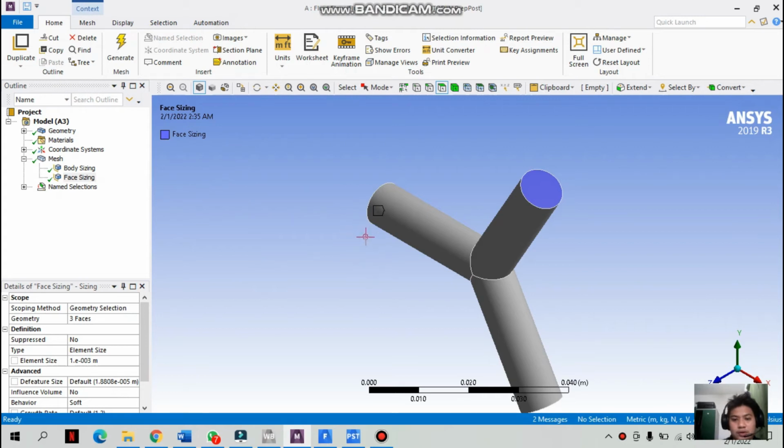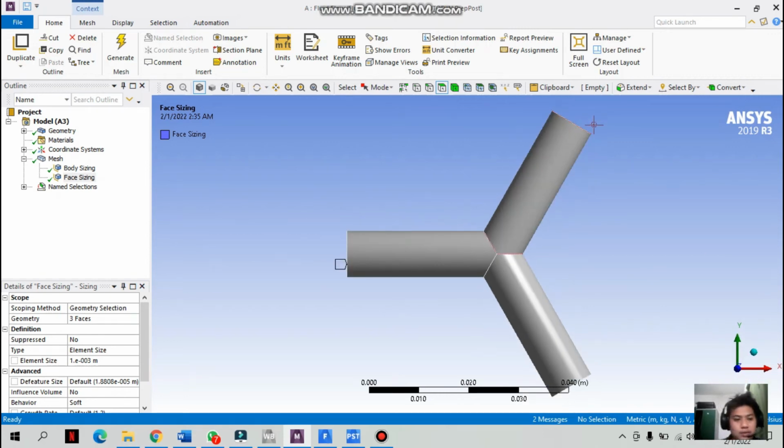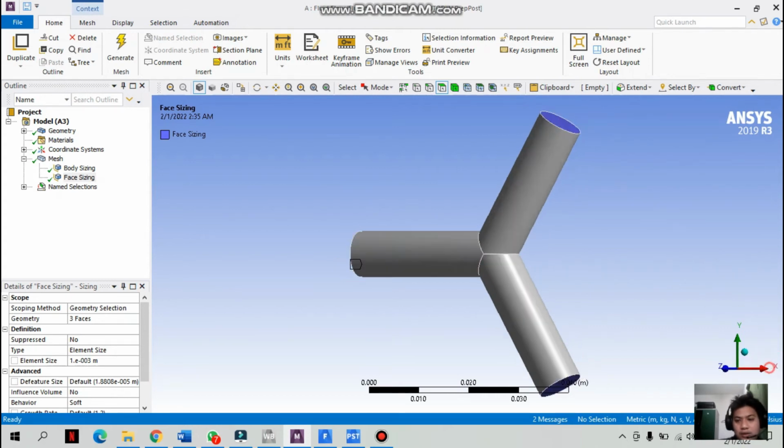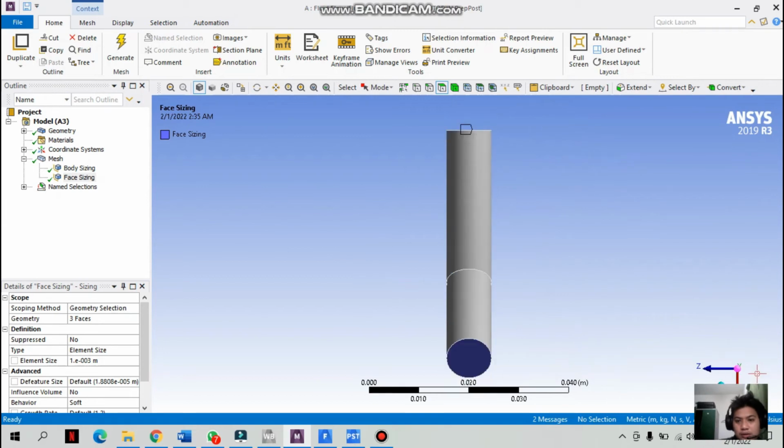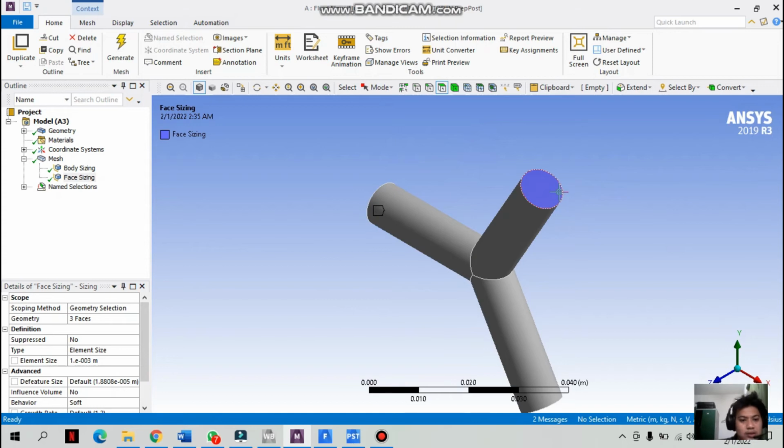The dimension for this connector, from here until the center, we set to 30 mm, and the diameter for the outlet, you can see the diameter of this outlet, and the inlet is the same, 9 mm.